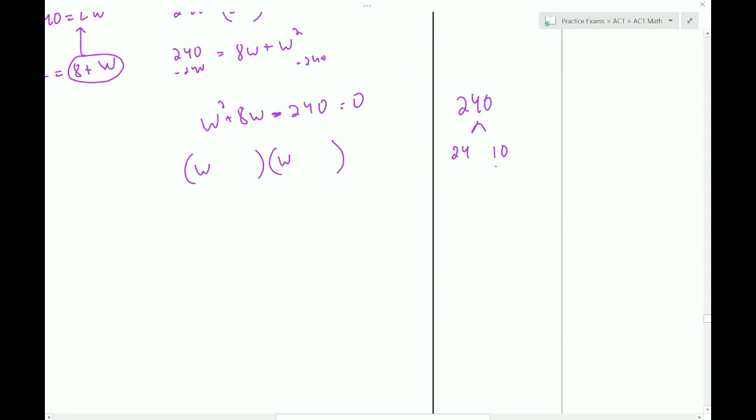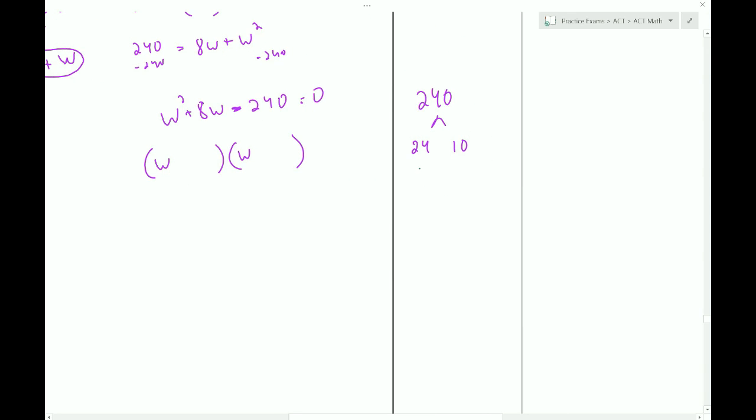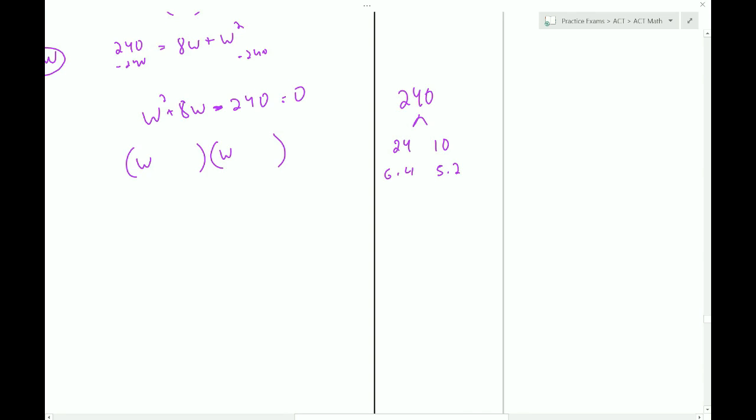A neat way to do that actually is to break these down even further. So this is 6 times 4 and this is 5 times 2. And then you could recombine different factors here, right? For example, I might take the 4 times 2 to make 8, and then the 5 times 6 to make 30. So 30 times 8 will also equal 240. So via this process we can perhaps come up with a good way to get 8 as a difference.